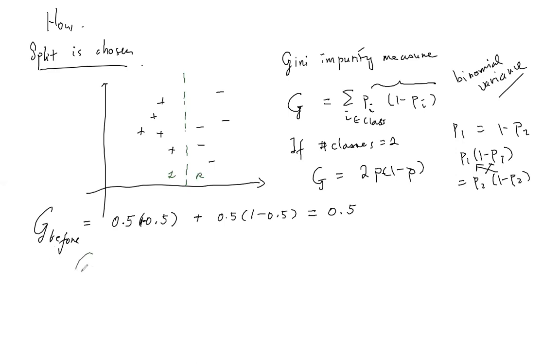So the Gini impurity on the left part, GL, will be as follows. On the left part you only have plus, so the proportion of plus is 1. So 1 minus 1 gives 0. The other class has proportion 0, so 0 times 1 minus 0 is also 0. So you basically get 0.